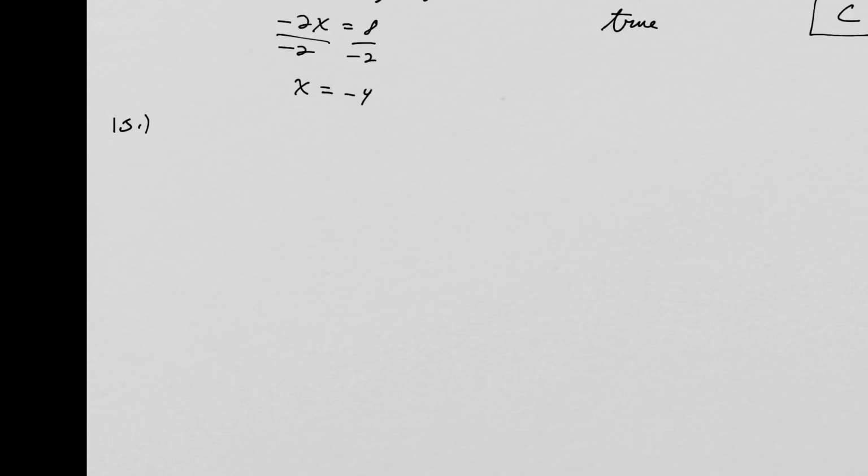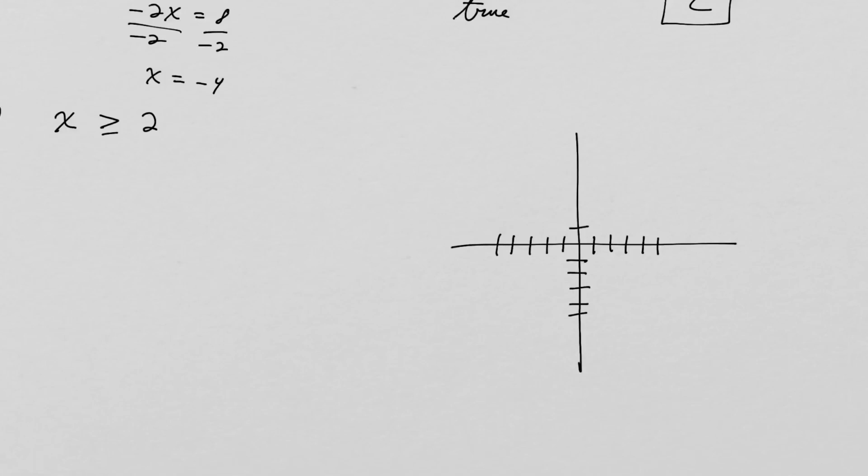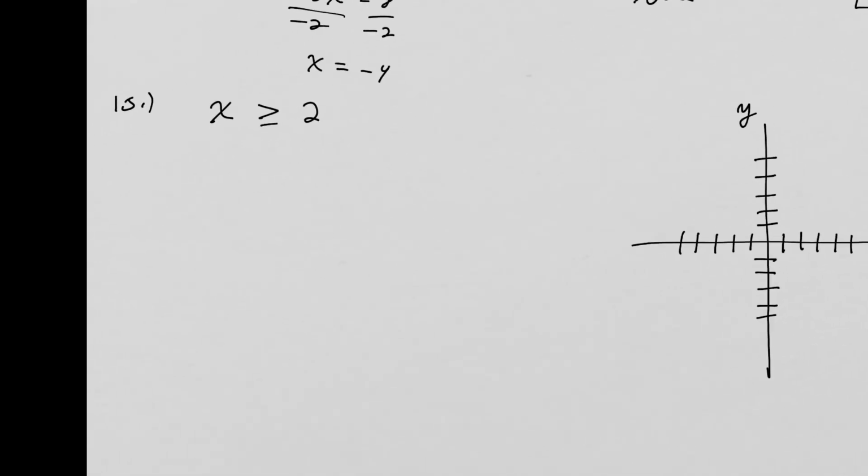So it's another inequality. In this case, x is greater than or equal to 2. So here's my coordinate system. So x, y. Same as usual, I need to first change that to an equals. So x equals 2.